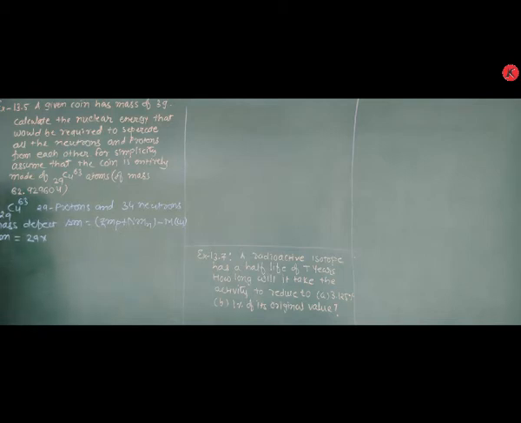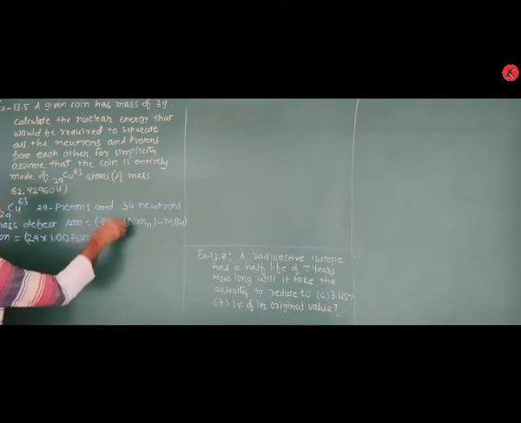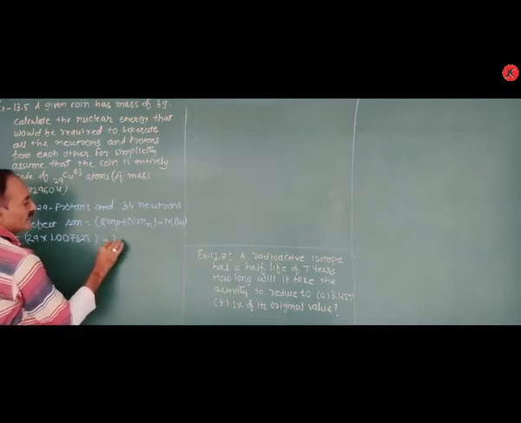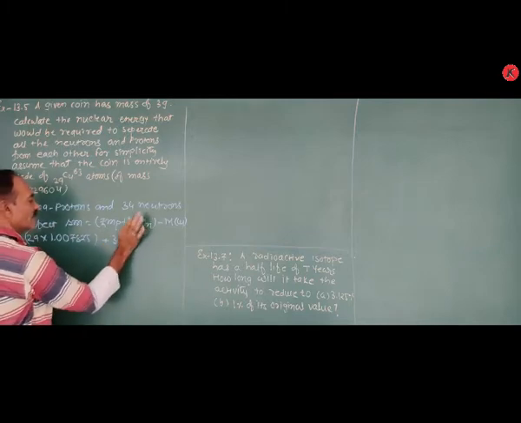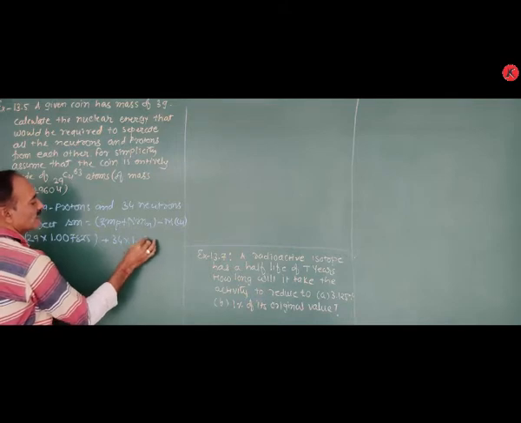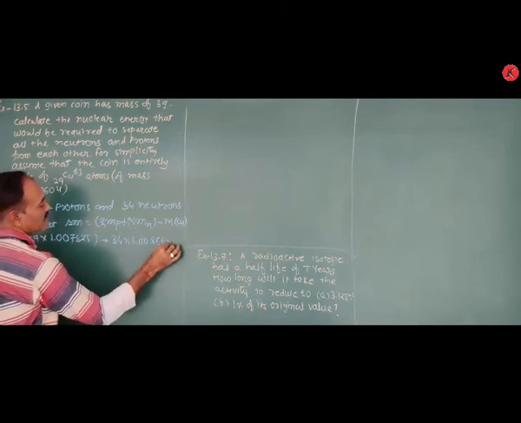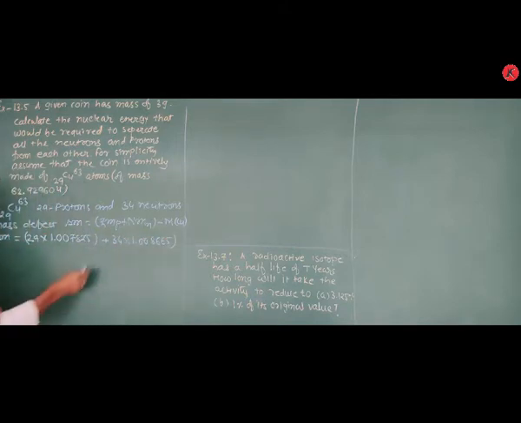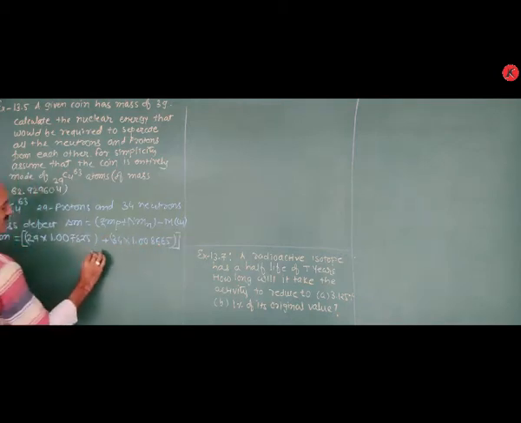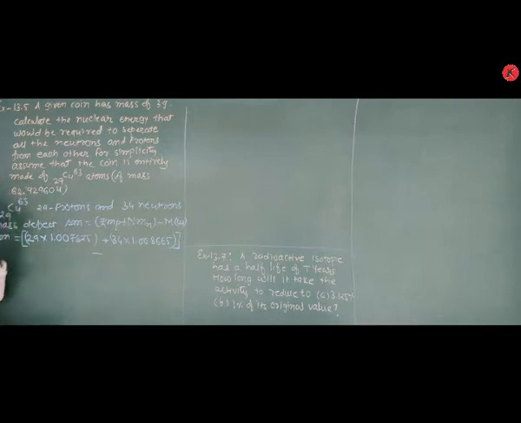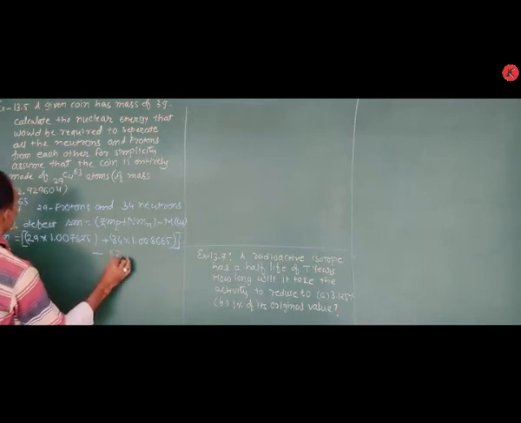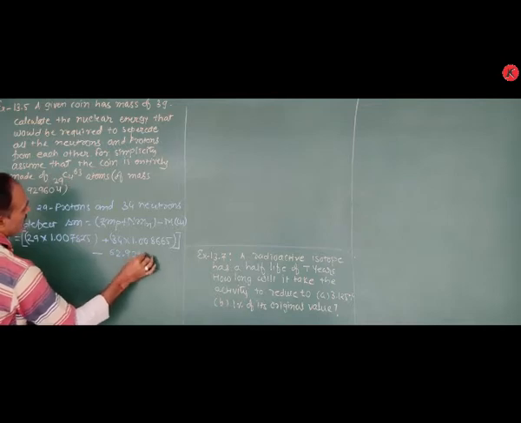Now, the mass of one proton is 1.007825, plus the number of neutrons 34. The mass of the neutron is 1.008665, minus the mass of copper atom 62.92960.